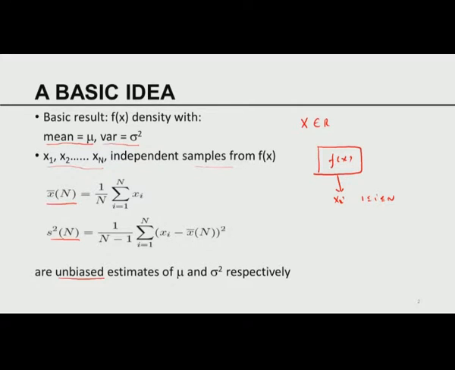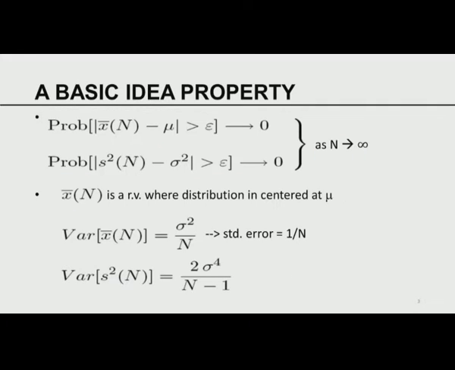This is the first thing you probably learn in any course in fundamental statistics. What are the basic properties of these estimates? The probability that the estimate of the mean using n samples differs from the true mean by a magnitude more than epsilon tends to 0 as n tends to infinity.